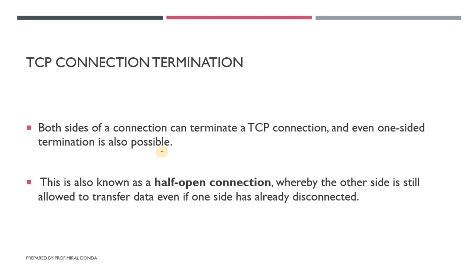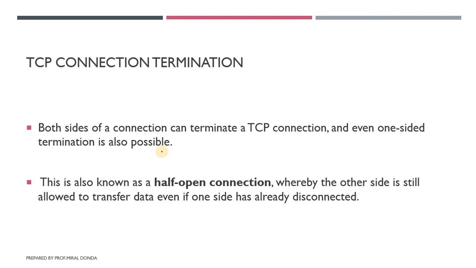This is also known as a half-open connection, where the other side is still allowed to transfer data even if one side is already disconnected. If one side is closed for the connection, but the other side is still open for communication, that type of connection is called a half-open connection.